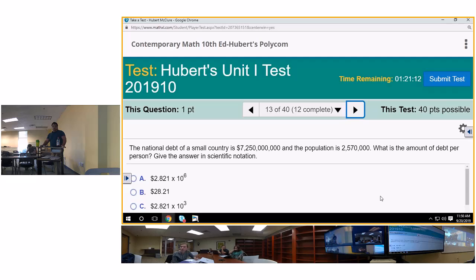Somebody explain how I would do that. How many students do we have? 43. So I take 100 divided by 43. What goes on the top, the smaller number or the largest number? 7 trillion goes on the top. What's going to go on the bottom? 2 million. And now you're going to change it into scientific notation.